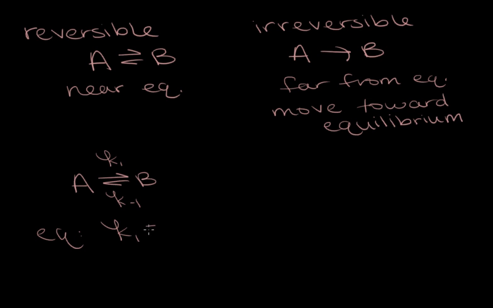The rates are the same. That has nothing to do with the concentration of A, the concentration of B. It has nothing to do with that. It's just that A is becoming B at the same rate that B is becoming A. Nothing to do with concentration, so keep that in mind. Some of this vocab can be pretty intense and intimidating until you remember that you've already learned this in general chemistry.